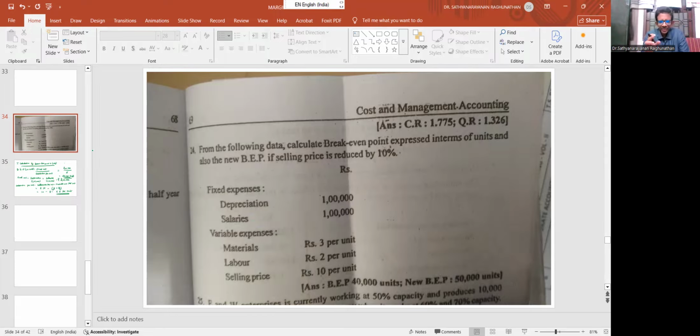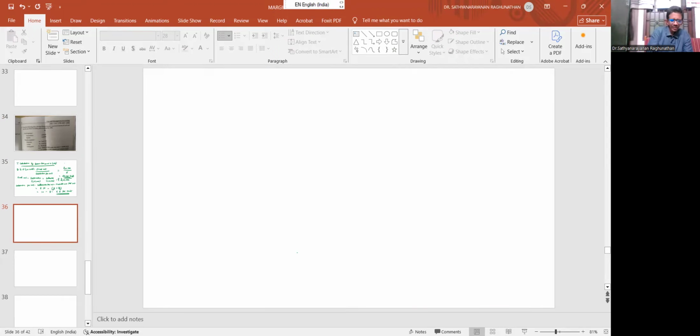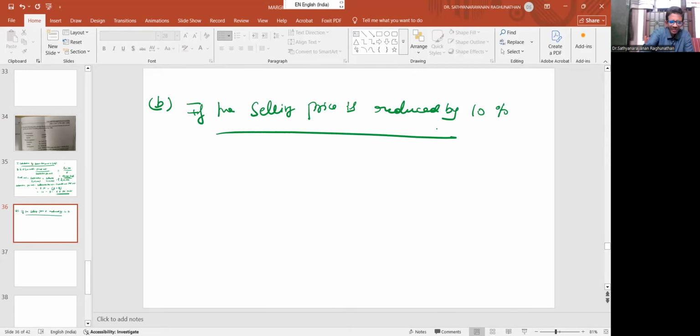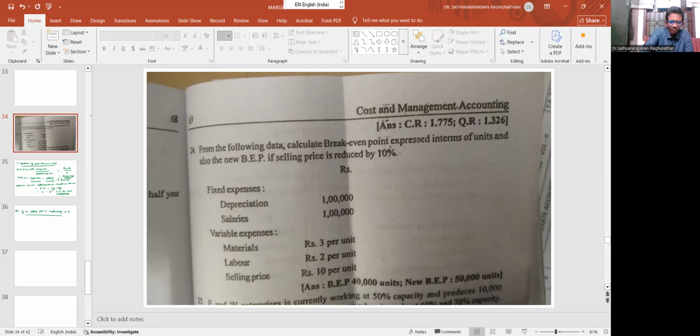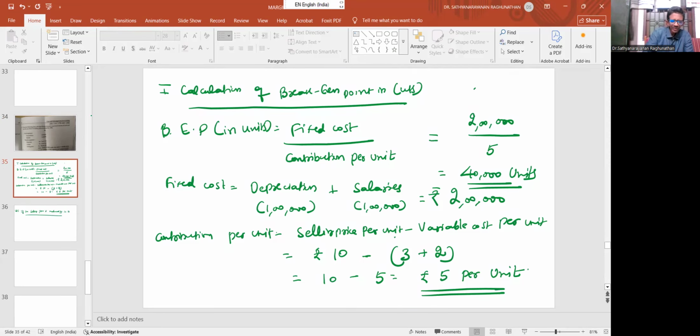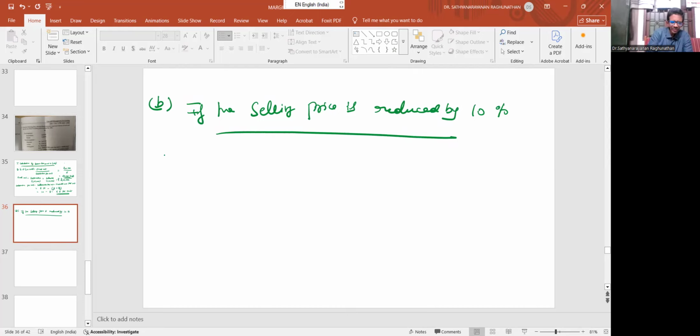So if selling price is reduced by 10%, in the second case, what is the actual selling price per unit? Rupees 10 per unit.